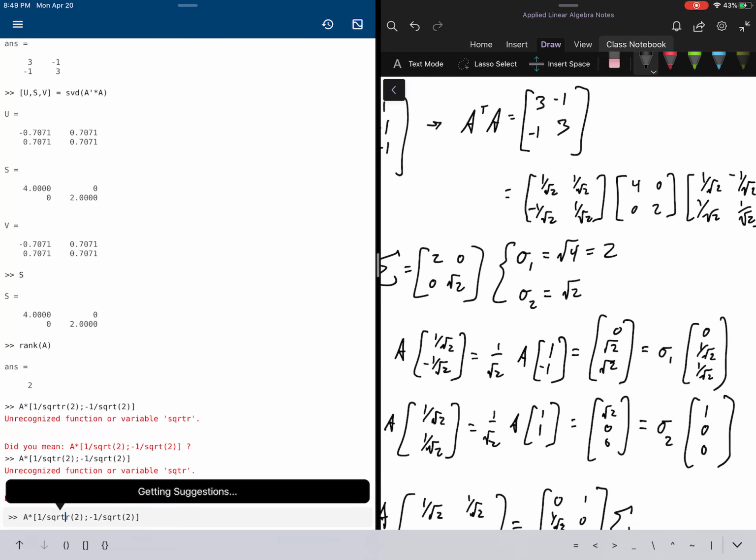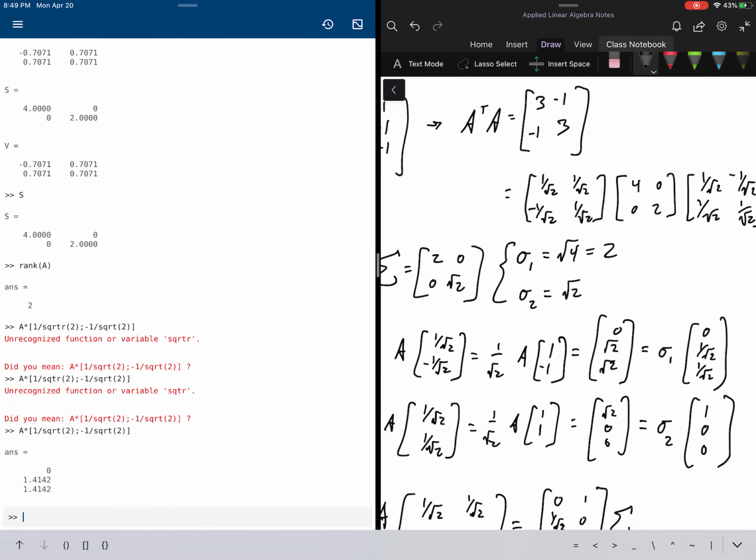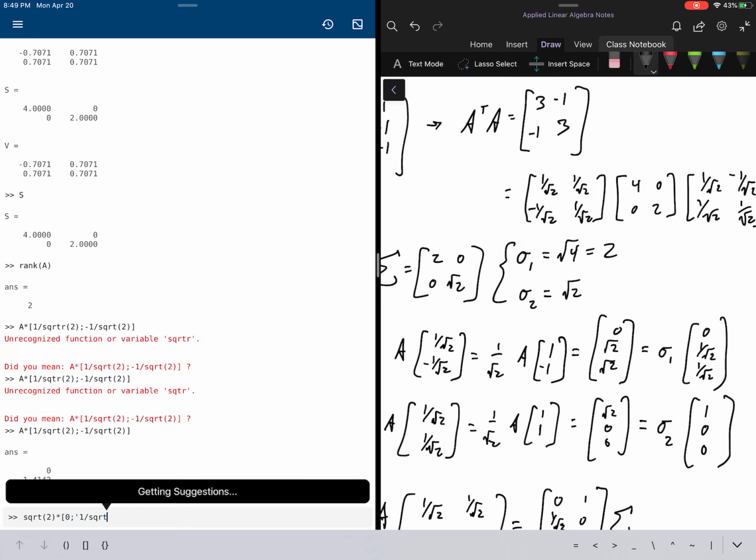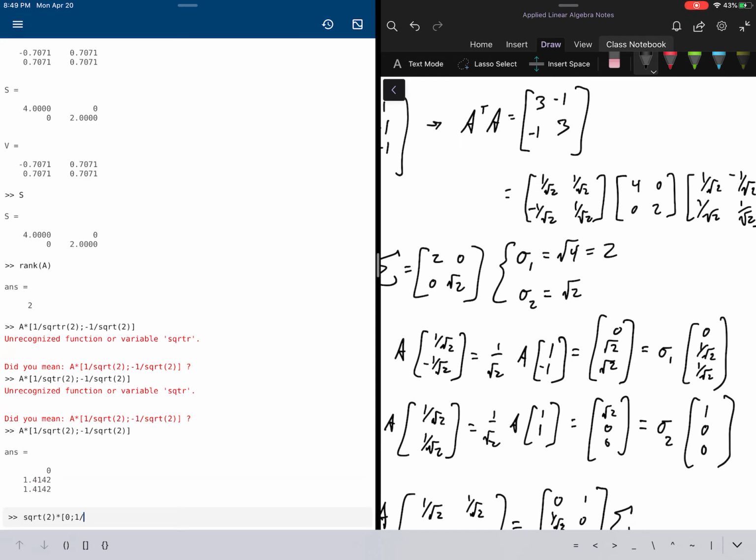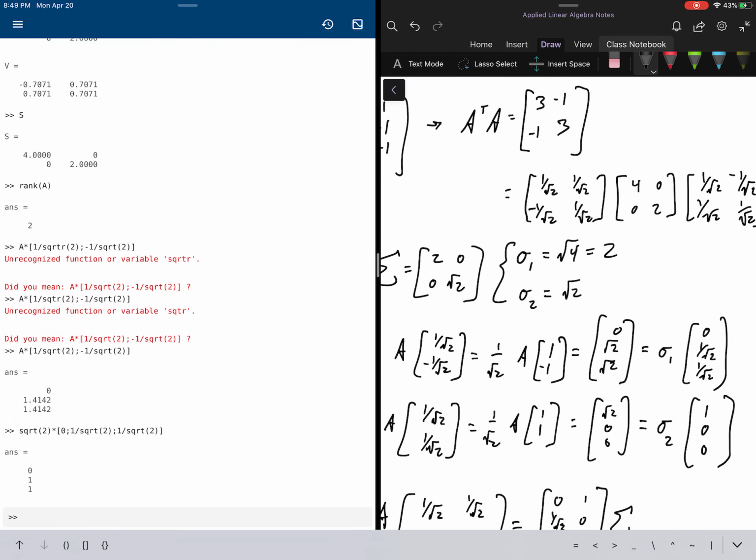There it is. Notice that we wind up with something that is a singular value times a unit vector. So this is square root of 2 times the vector 0 by 1. Oh, come on. 1 over square root of 2 by 1 over square root of 2. And sure enough, that's exactly this.